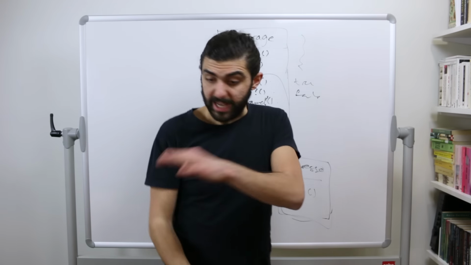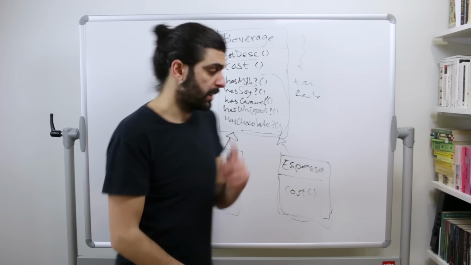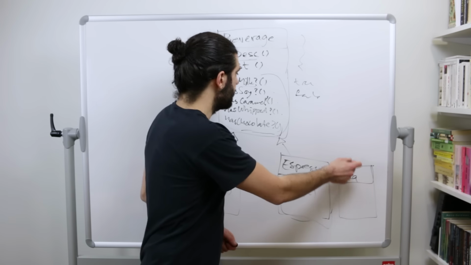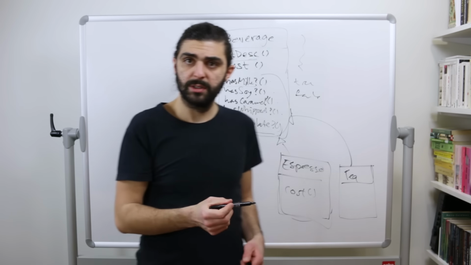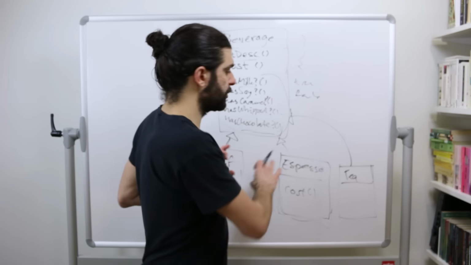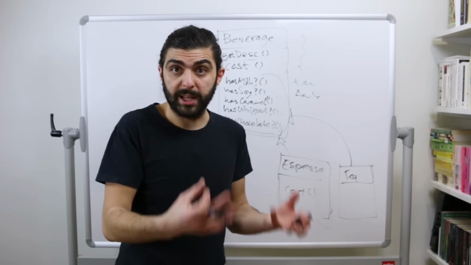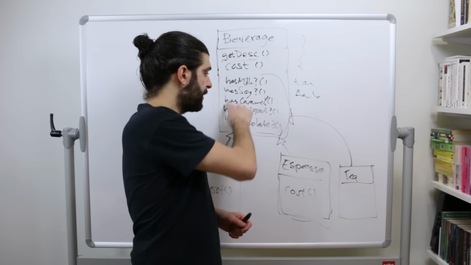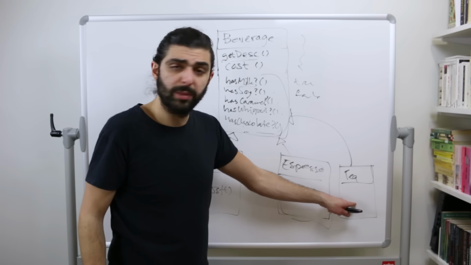They actually have a very great example in this book. What if you introduce tea and make tea inherit from beverage? Because it is a beverage and you want to be able to treat all of the menu items the same, so you can print them to the menu. But what if some of the methods that we've put here actually don't apply to tea?